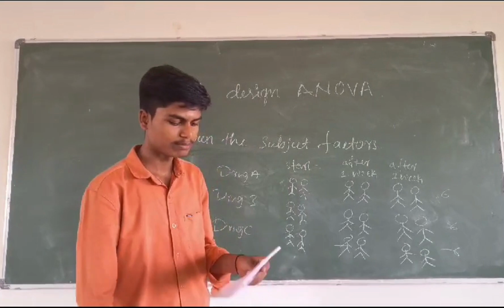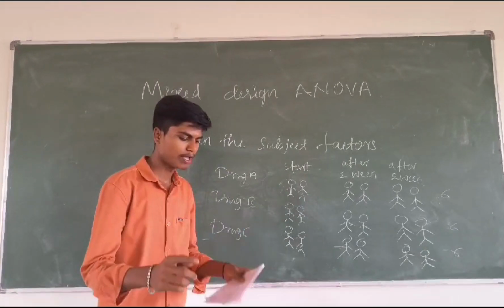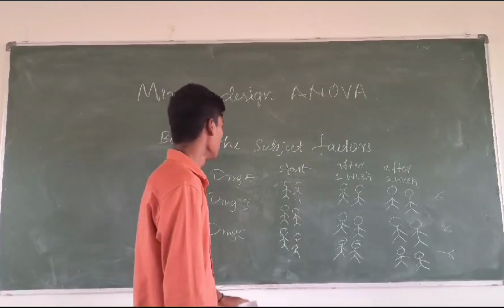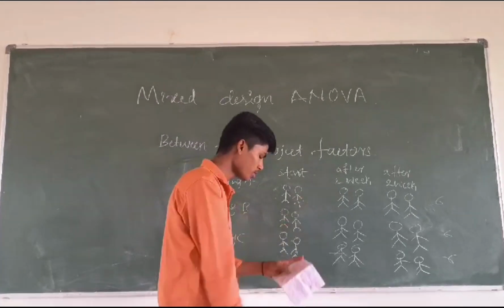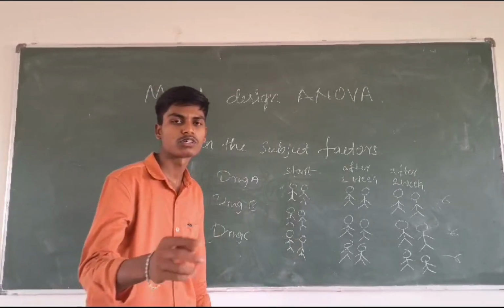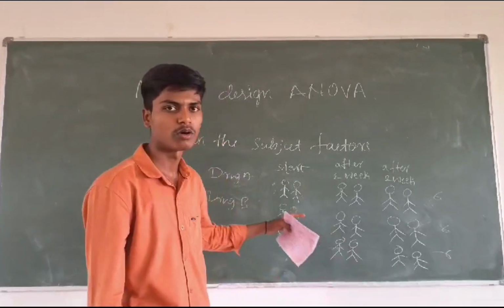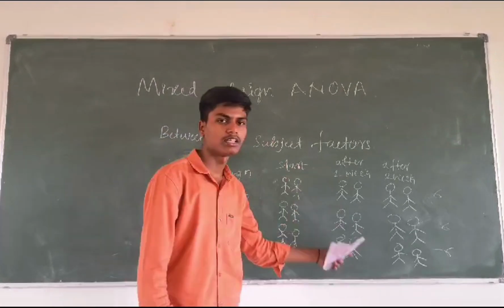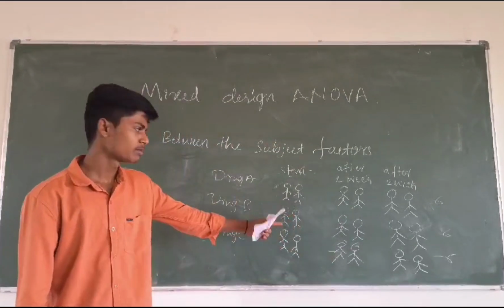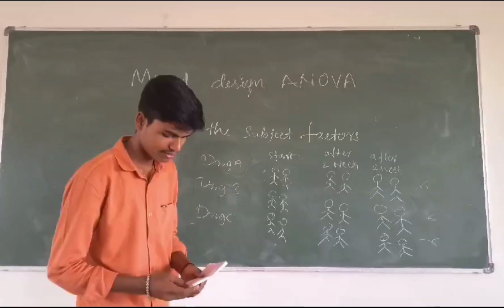Analyzing the between subject factors involves comparing the average performance of the different treatments across the different groups. Researchers use statistical methods like ANOVA to determine significant differences between the different participants.